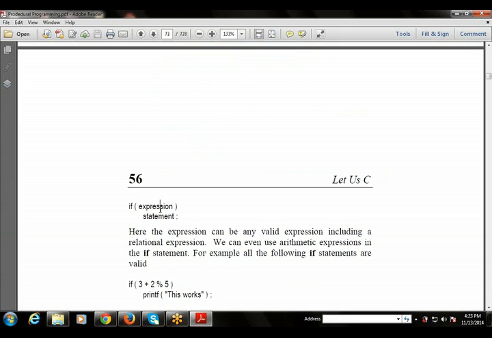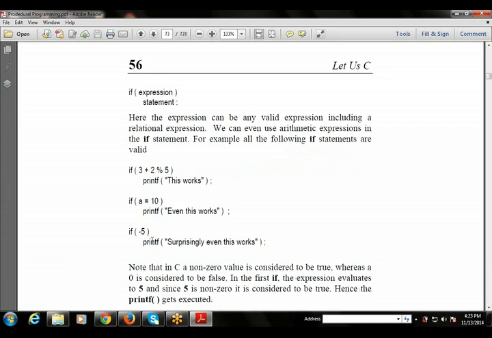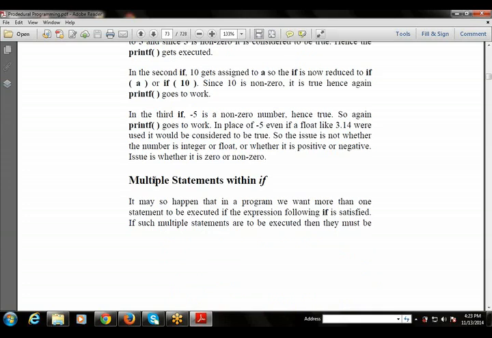Instead of the condition we can also use an expression, that is if expression then statement. This is the example: if 3 plus 2 modulus 5, then printf works, otherwise it does not print any value.